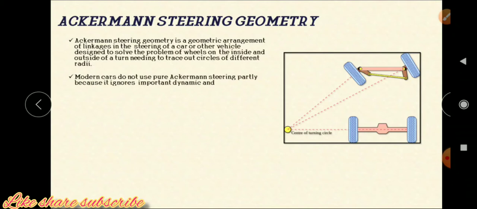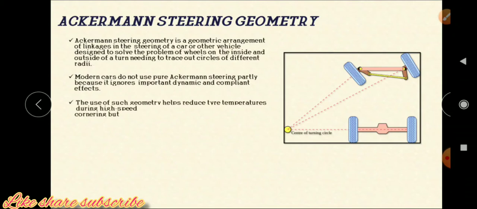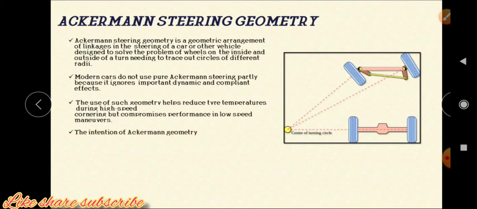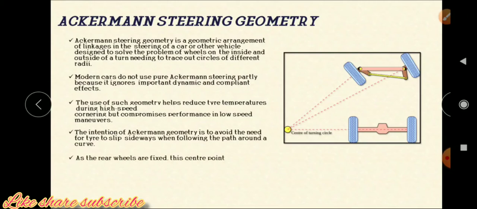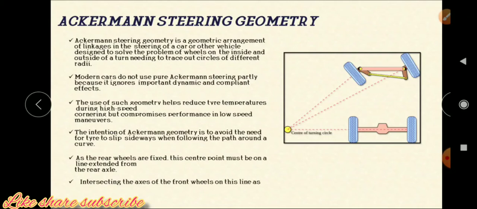Modern cars do not use pure Ackermann steering, partly because it ignores important dynamic and compliance effects. Such geometry helps to reduce tire temperature during high speed cornering, but it compromises performance at low speed. The intention of the Ackermann geometry is to avoid the need for the tires to slip sideways when following the path around the curve.